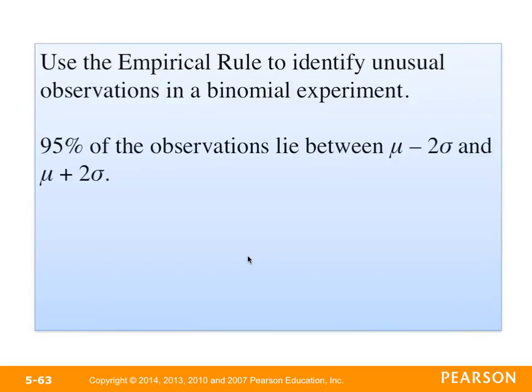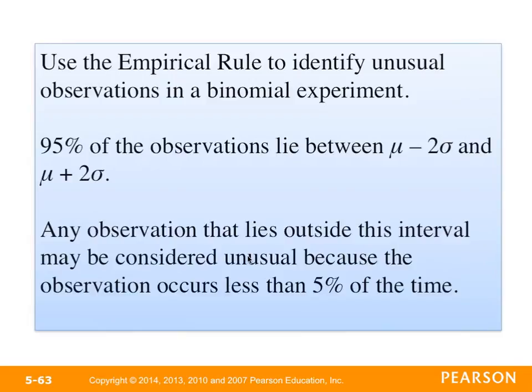So 95% of our observations are going to be between mu minus 2 times our standard deviation and mu plus 2 times our standard deviation. Any observation outside of that interval can be considered unusual because it tends to happen less than 5% of the time.